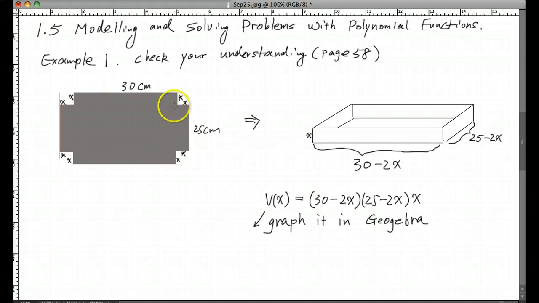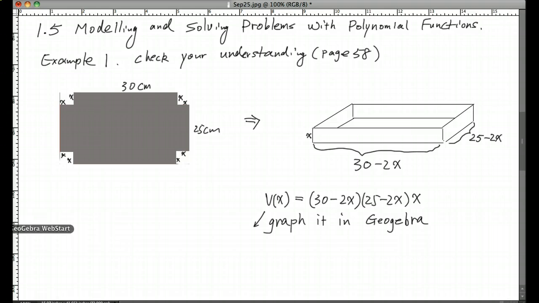If you cut a square at each corner, the maximum you can cut must be less than half of 25, which is 12.5 centimeters. It can't even be 12.5, otherwise you cut these two corners and there's nothing to be folded up on this side.